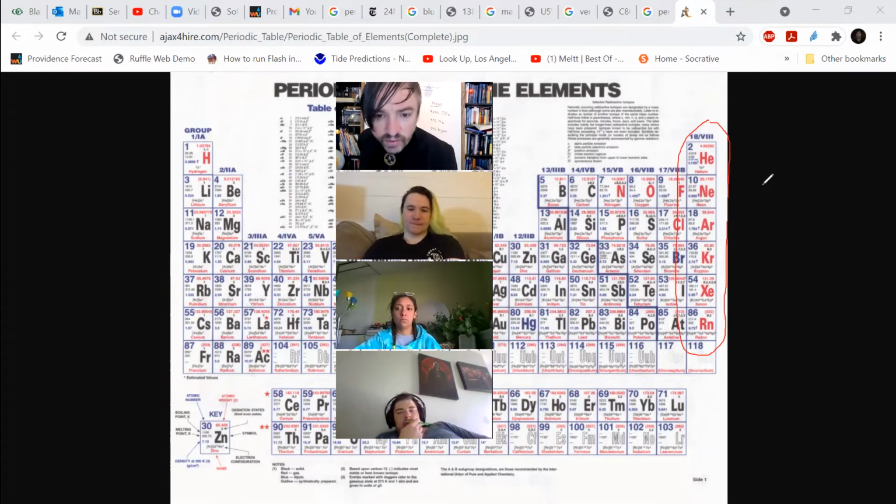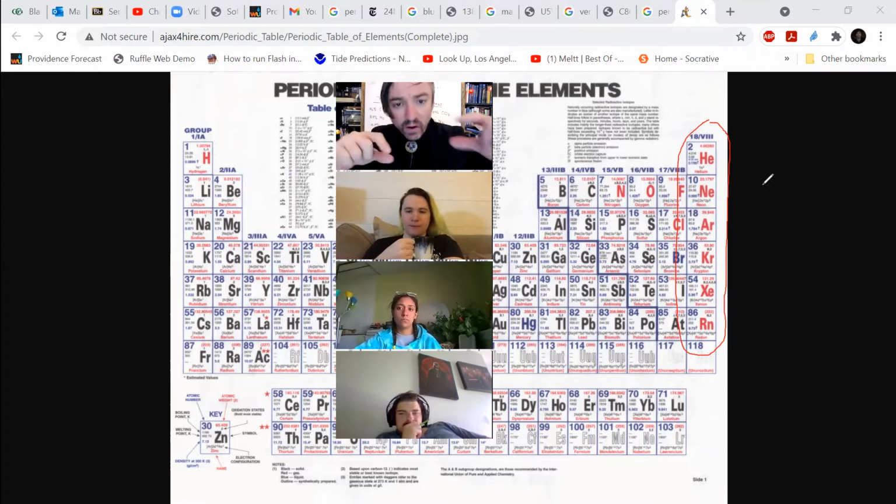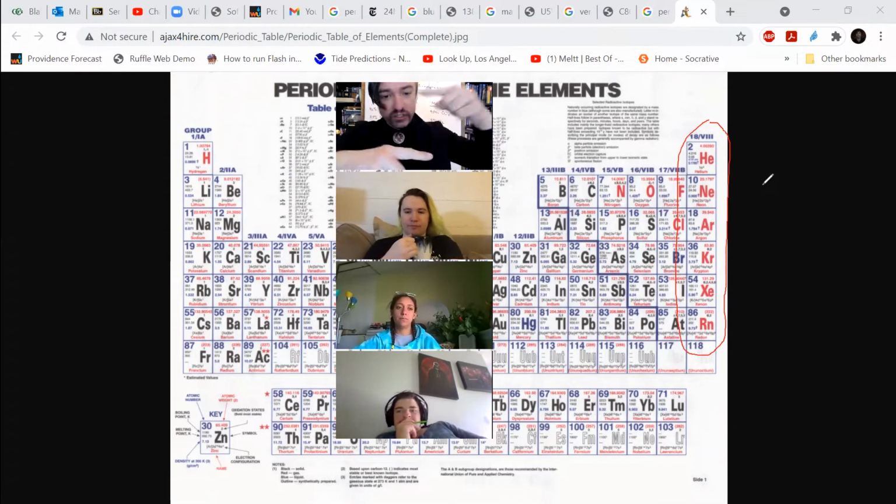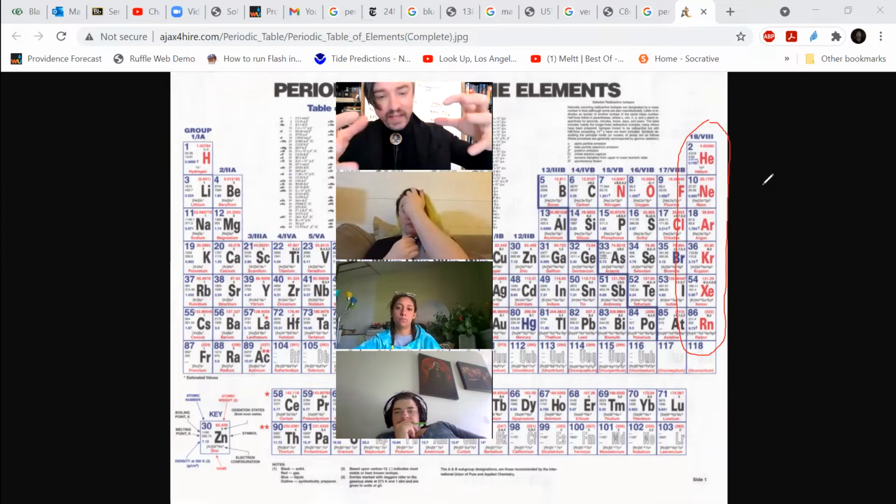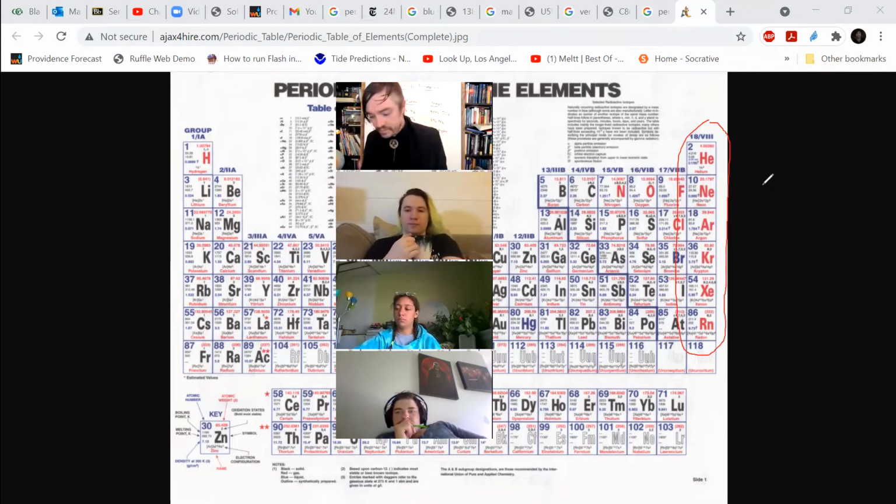The deal with the noble gases, does anyone know what the deal is with these things? Helium, neon, argon, krypton, xenon. These atoms, like all other atoms, have equal numbers of protons and electrons. But the number of electrons in this final column is such that they perfectly fill up all of the orbital shells that an atom needs to become very stable.